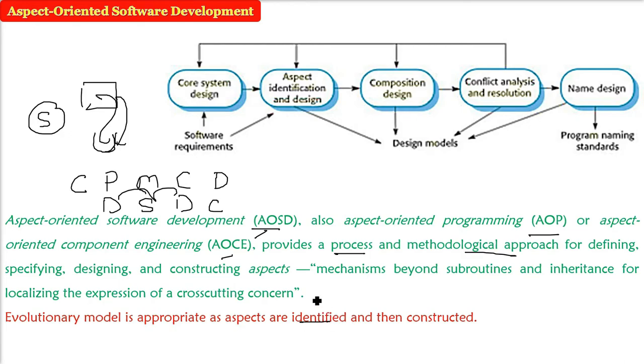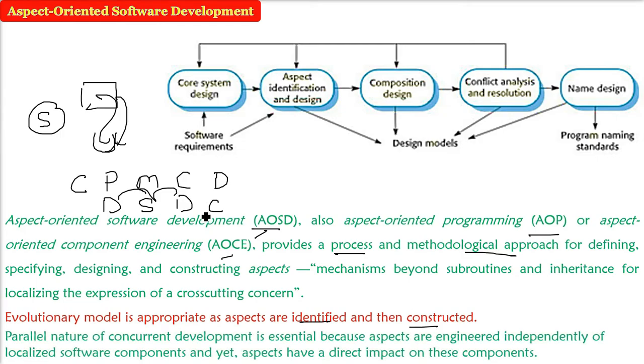So the evolutionary model is quite good in this case for AOSD, AOP, and AOCE. And then we have to have a parallel nature of concurrent development. This is very essential because the aspects are engineered independently of the localized software components. And here the aspects have a direct impact on the functions, the components, etc. So here we just have a DSDC, not CPMCD.